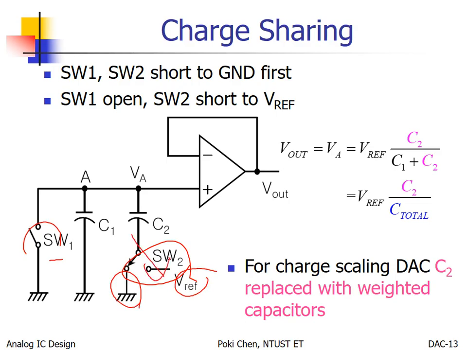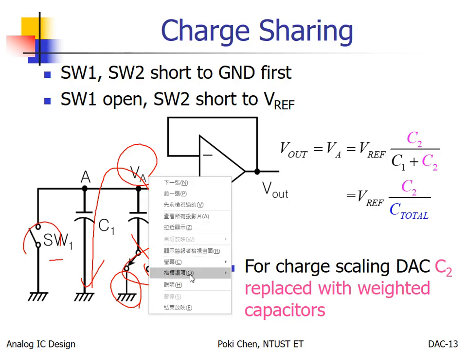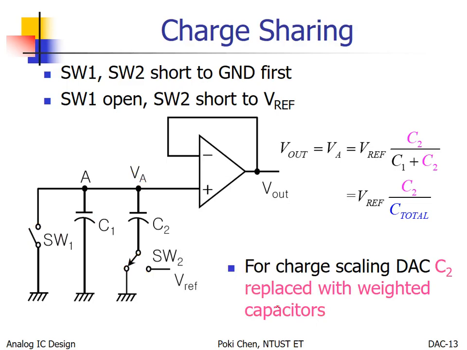After such switching, you can see some of the current will flow through C2 all the way to C1, right? So right now, how much voltage can you get for node A? Very simple, right? According to voltage division, we need to know the impedance.